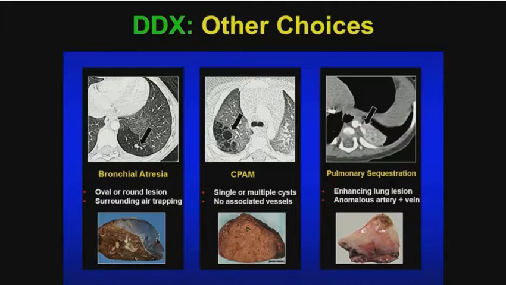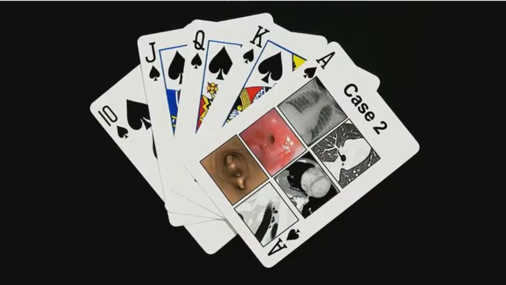And when it comes to pulmonary sequestration, of course, those are malformed lung enhancing lesions, and they do have an abnormal artery and then draining vein. And in our case, we had hyperlucency, but pure pulmonary sequestration does not have underlying hyperlucency. We're going to move on to case number 2.